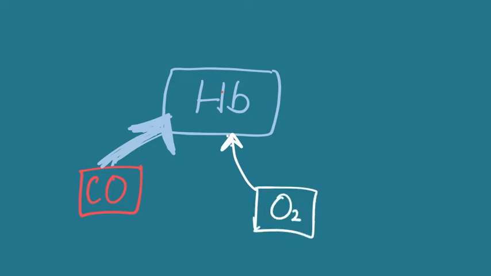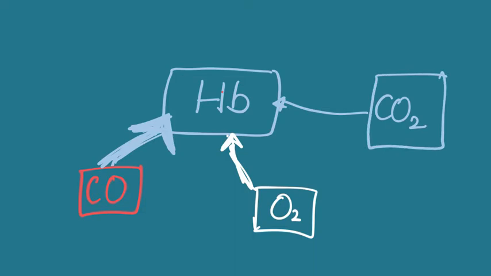Hemoglobin normally binds to oxygen and to carbon dioxide, but it has the highest affinity for carbon monoxide. Carbon monoxide binds 200 times more tightly to hemoglobin than oxygen.